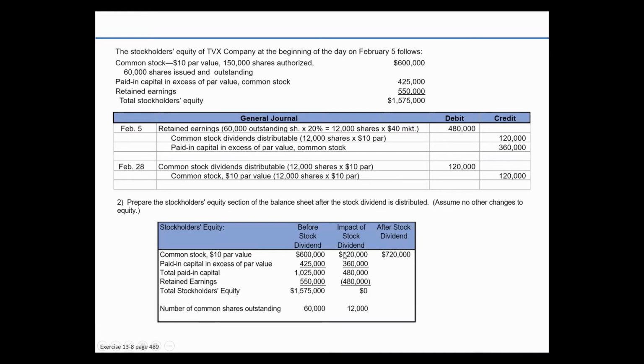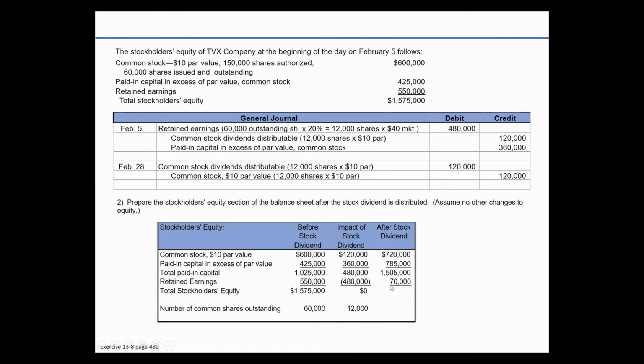So then we see here that after the stock dividend, we now have 720,000 of common stock issued. We have 785,000 of paid-in capital in excess of par value. Then we have the total paid-in capital now of $1,505,000.